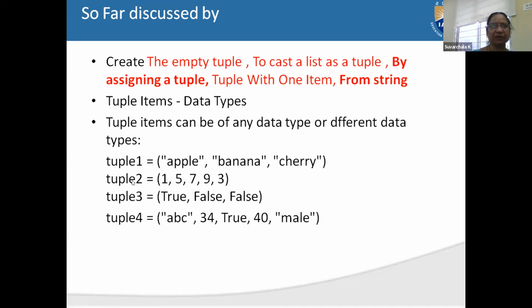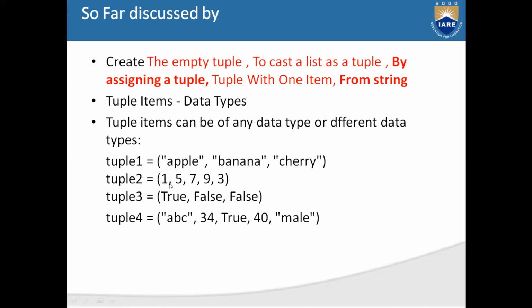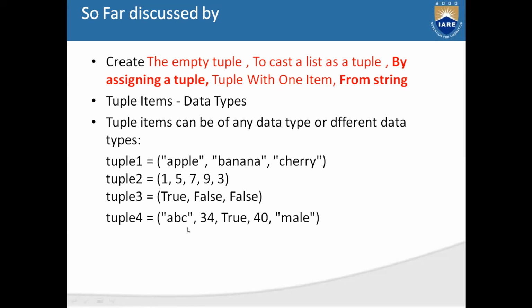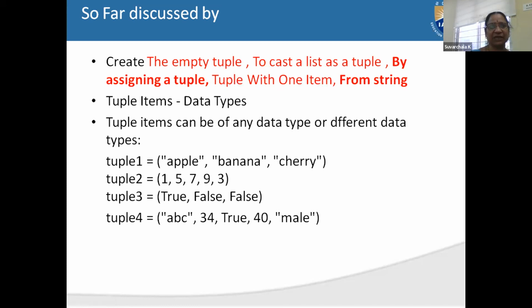Tuple 1, elements are of what data type? String. Tuple 2? Integer. Third one? Boolean. Fourth one? All mixed. The mixed one is heterogeneous because it has string, boolean, integer and so on.